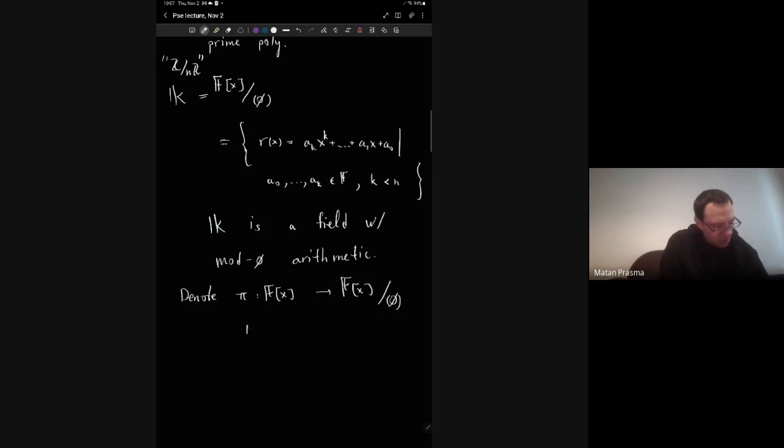So pi of some polynomial f of x is simply f of x modulo phi. And I can consider a specific element, which is pi of the polynomial x.